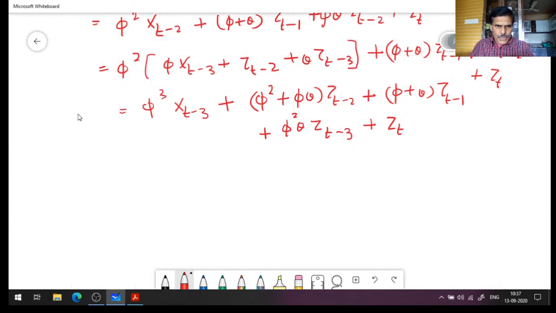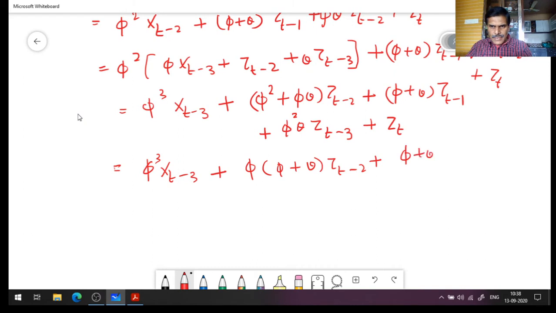So if you now look at this, I have phi cubed xt minus 3 plus phi into phi plus theta zt minus 2 plus phi plus theta zt minus 1 plus, now you have phi square theta zt minus 3 plus zt.